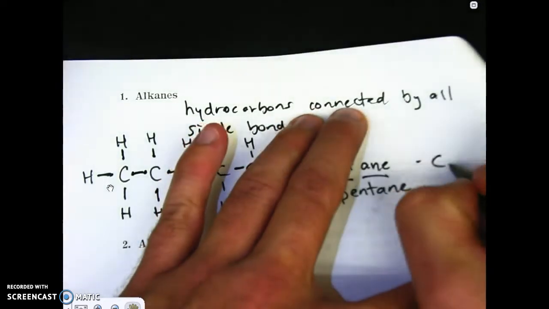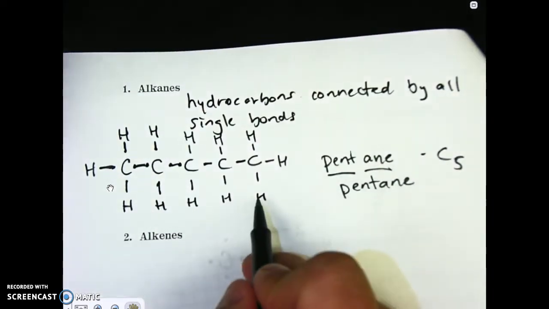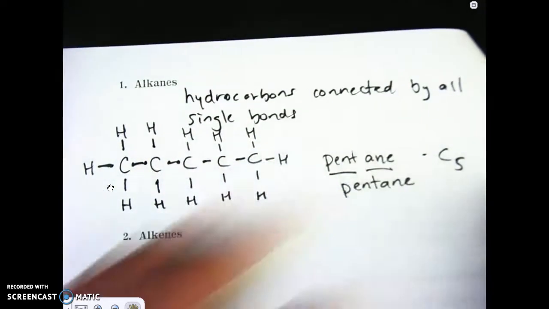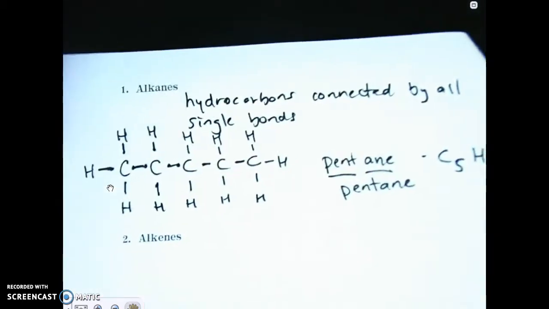If we look at the total formula for pentane, the prefix tells me already how many carbons I have. If I go around then and count the hydrogens, 1, 2, 3, 4, 5, 6, 7, 8, 9, 10, 11, 12. So the formula for pentane is C5H12.